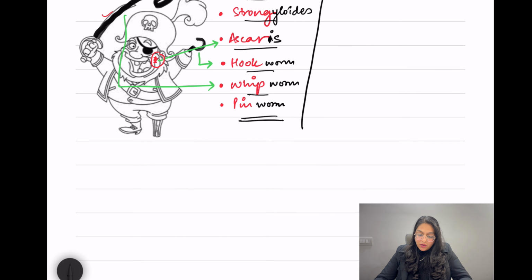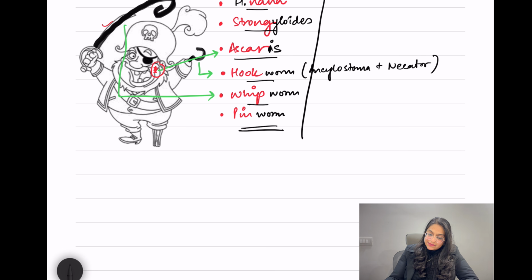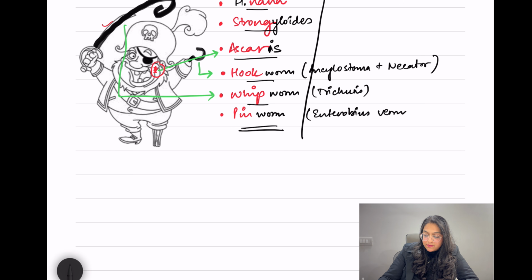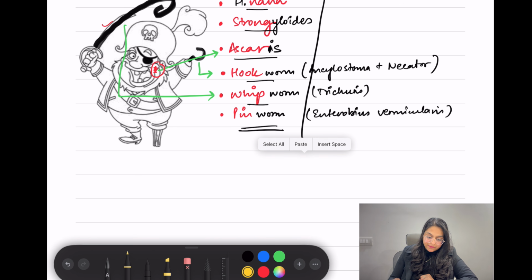Okay. Hookworm is, let's revise right here. Hookworms are Ancylostoma and Necator americanus. Ascaris is Ascaris. Whipworm is Trichuris. And pinworm is Enterobius vermicularis. Okay. If you don't want to remember the image of my Nana, you can just remember one hashtag.